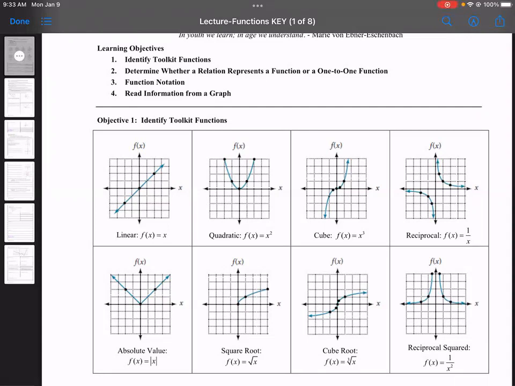But what is the domain of this one? Look at the left. It looks like from negative infinity up to 0, right? At 0, the function goes crazy. It goes down to negative infinity at the y-axis. So this blue graph right here never touches the y-axis.